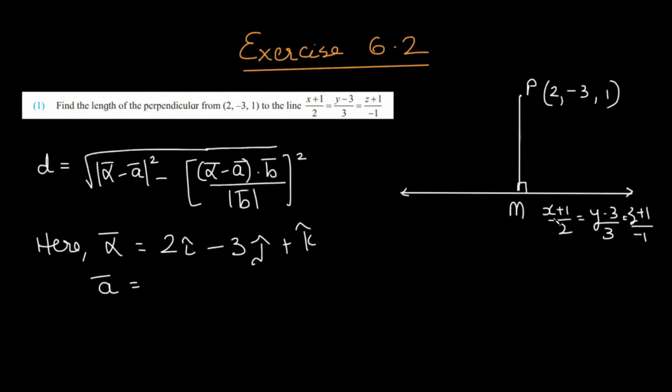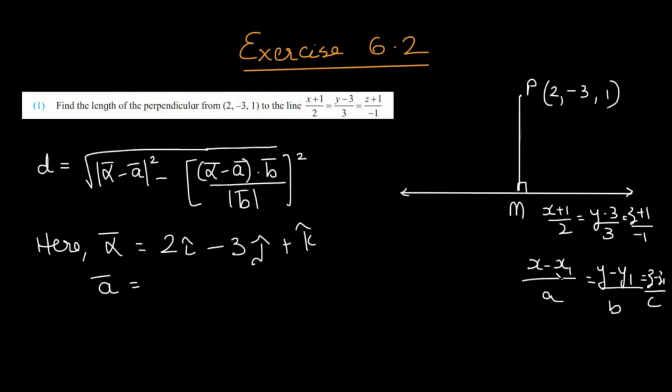And what about a bar? A bar is given by the coordinates of a point on this line. So the coordinates of a point on this particular line, see, it's a Cartesian equation of the line. So consider the equation as x minus x1 upon a is equal to y minus y1 upon b is equal to z minus z1 upon c, where x1, y1, z1 are the coordinates of a point on the line.